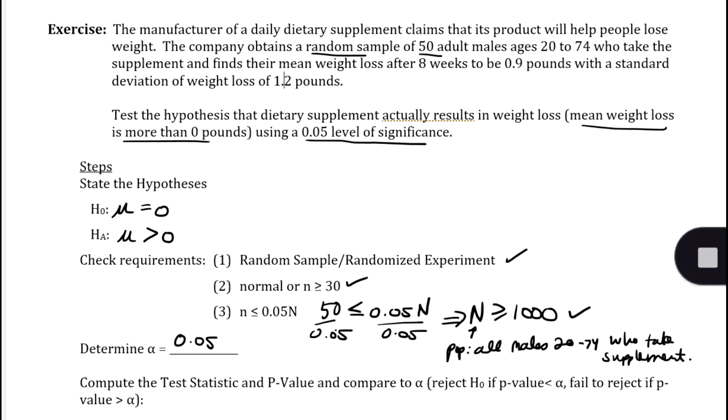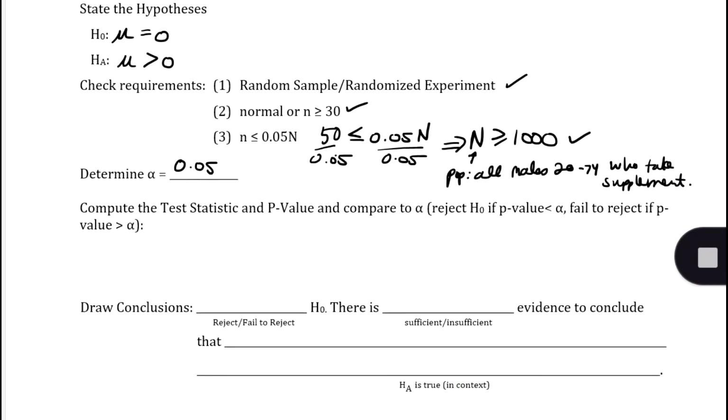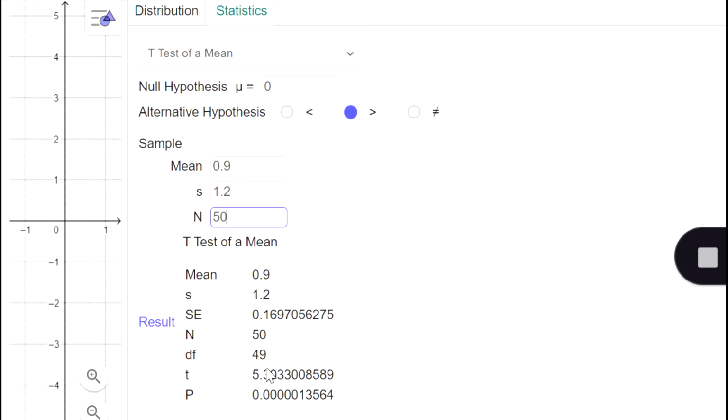So let's go through and write this out. My test statistic is t, and as you can see down here, my test statistic was 5.303.